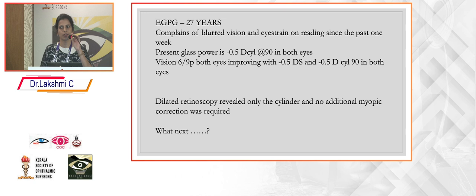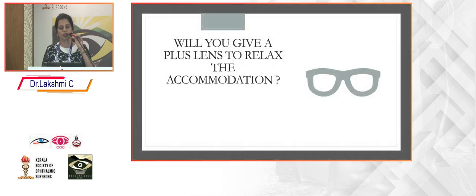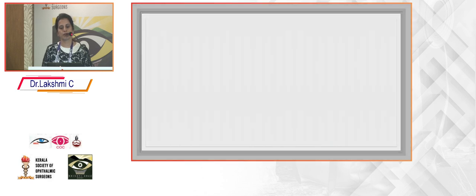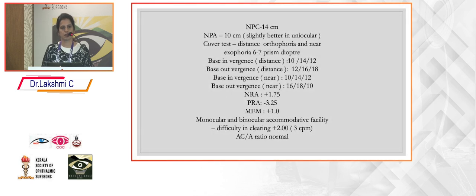So this is our exam-going PG who complained of blurred vision and eye strain on reading. She was using a 0.5 cylinder initially, and now refraction showed -0.5 sphere additional. But on dilated retinoscopy, there is no -0.5. So how do you deal? Do we give a plus lens for relaxing the accommodation? Directly do not give, because we need to look at the data first.